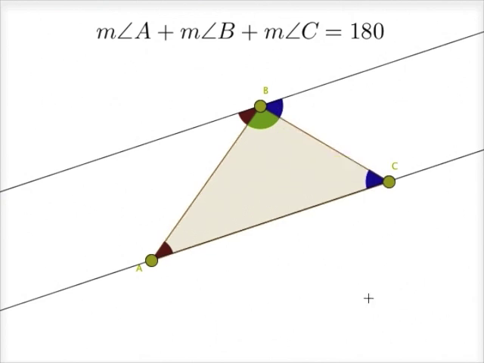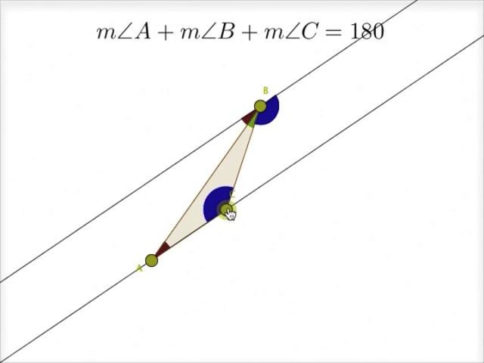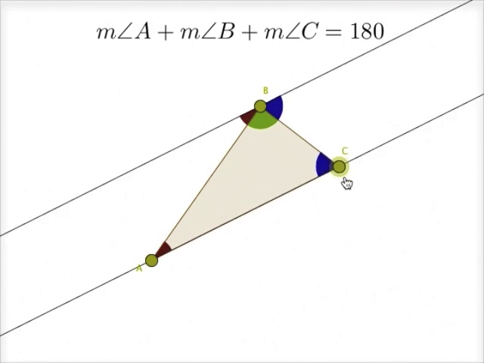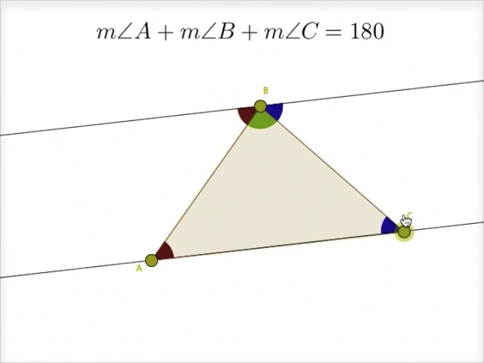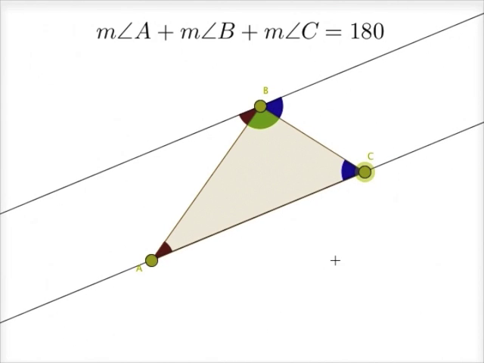In other words, they're almost like a linear triplet. And so those angles add up to 180 degrees. And it doesn't matter what the triangle looks like, the original triangle. It can be obtuse, it can be right, scalene, isosceles. It will always be the case that those three angles, the red, the green, and the blue, add up to 180 degrees.